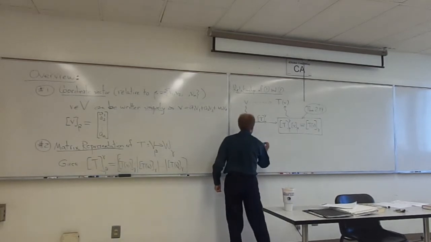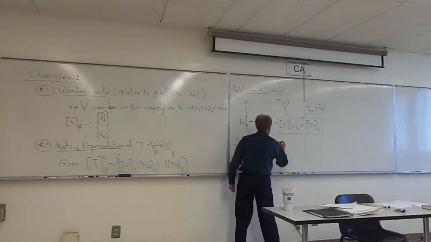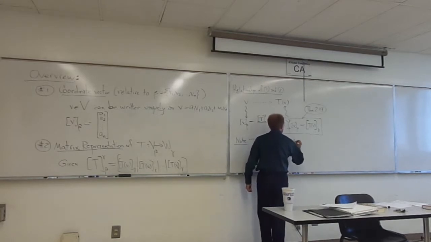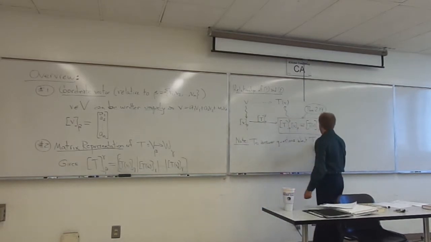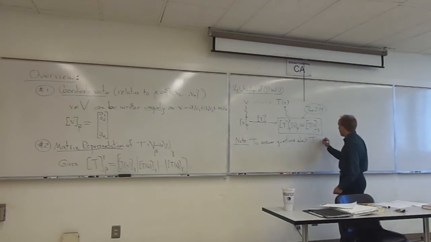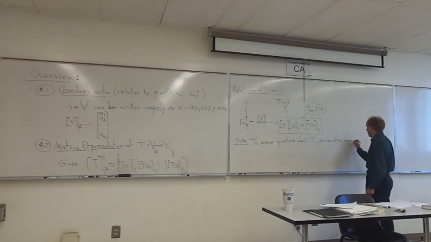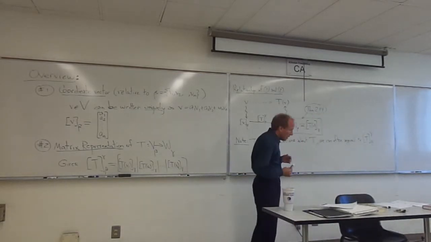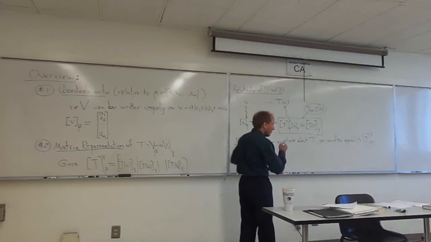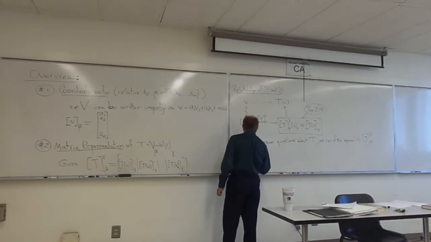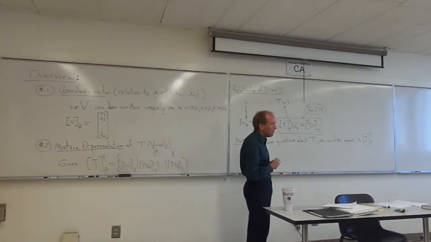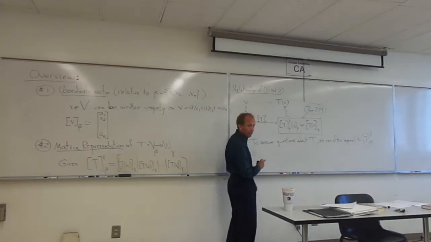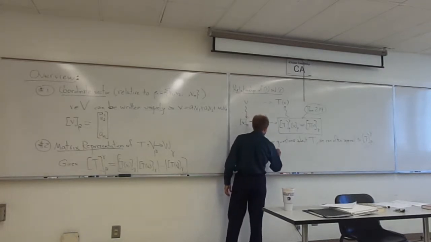So to answer questions about T, we can often appeal to the matrix representation of T. Let me give you some examples of that. Here's a question about T: is T invertible?